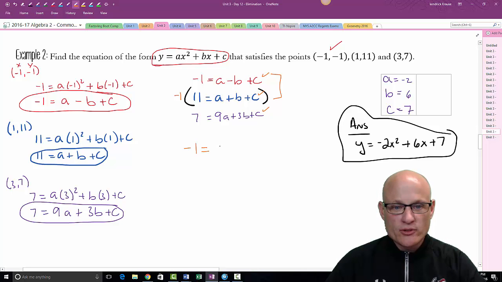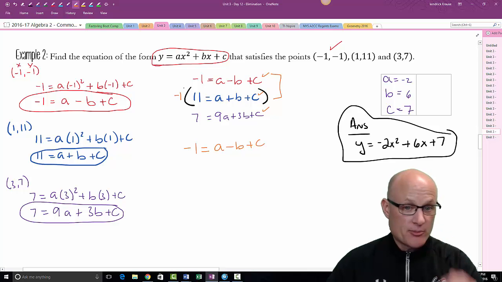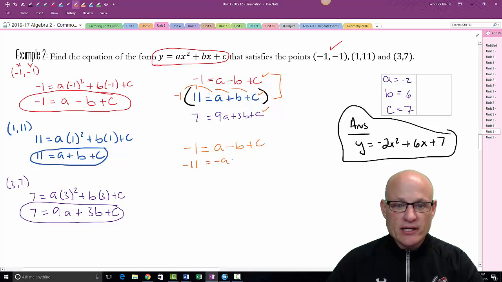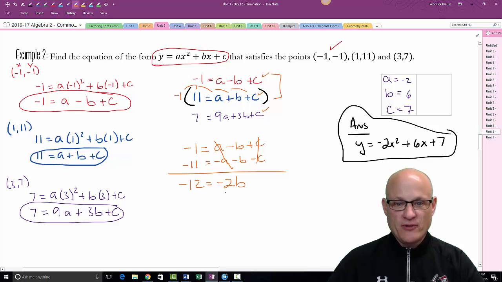Don't forget, you're going to distribute the -1 to everybody. So -1 equals a minus b plus c becomes -11 equals -a minus b minus c. Put these together, I get -12 equals, whoa, wait, a's go and c's go. That's beautiful. -2b. Let me just finish that. -2b divided by -2, I get b equals 6.